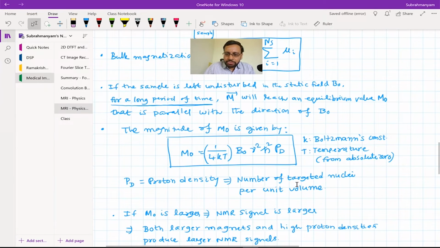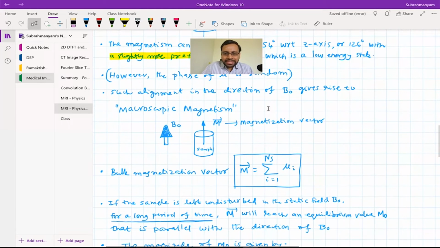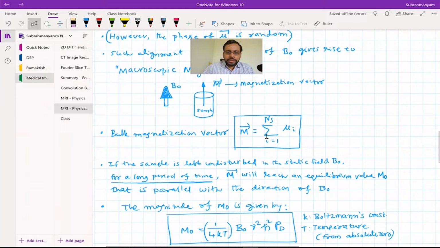This is the number of targeted nuclei per unit volume. What it tells you is, suppose the unit volume you are considering is very tightly packed, with a lot of nuclei within that unit volume, then your M naught, the signal magnetization you get out of it, would increase, and vice versa. This is something explicitly exploited while getting images of humans or any living beings.